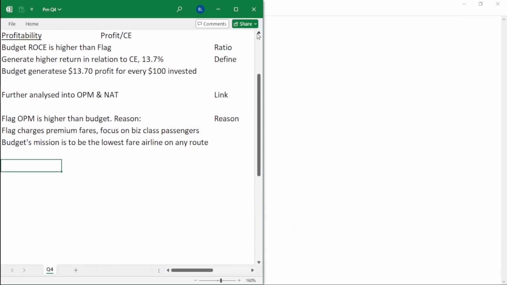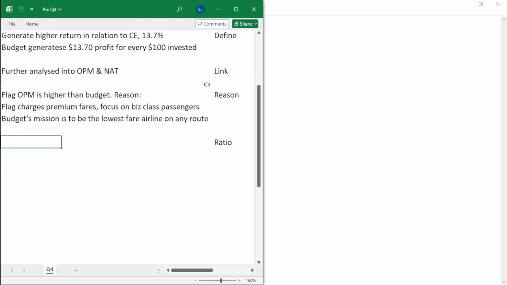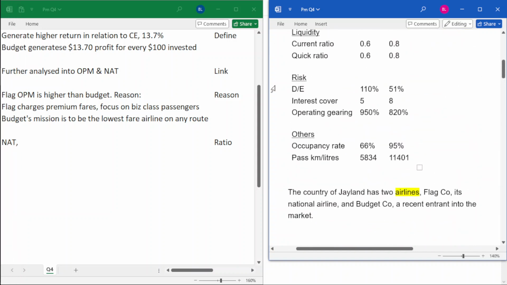First we say about the ratio. OPM we done already. Now we talk about NAT.